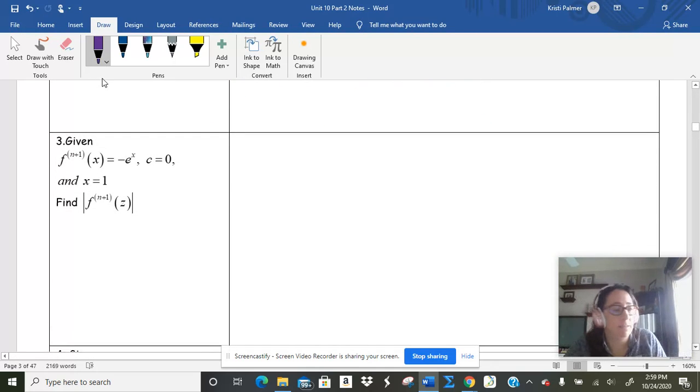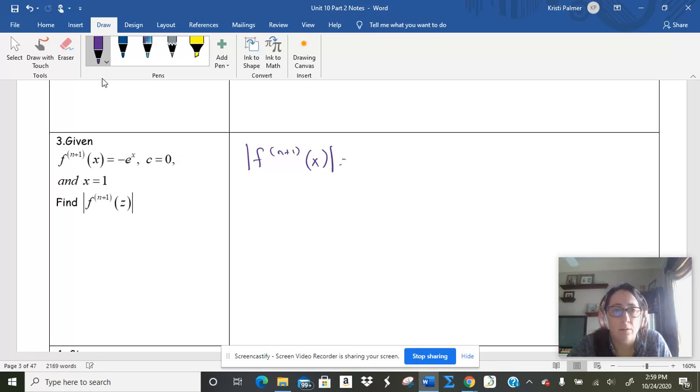Okay, let's go see this -e to the x. So I want to look at the absolute value of that. So the absolute value of this -e to the x is going to be just flipping it over and getting e to the x. So I want the absolute value of that.